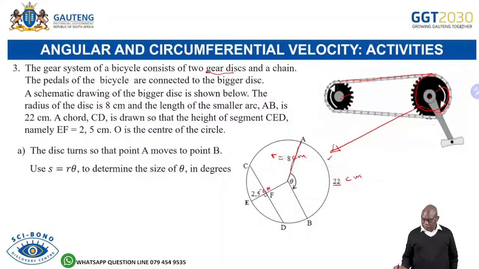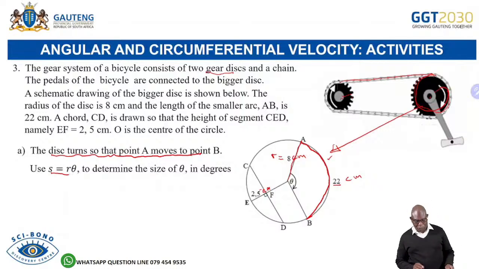Now what do I need here? The disc turns so that point A moves to point B. All right, you see, the disc turns so that point A meets point B. Use this formula. In this case, they've given the formula. No problem. Use this formula to calculate the size of this angle in degrees.